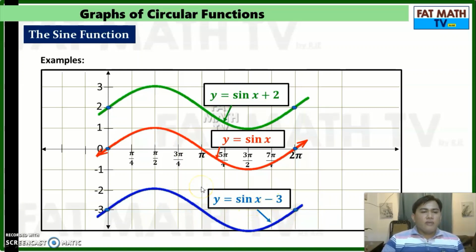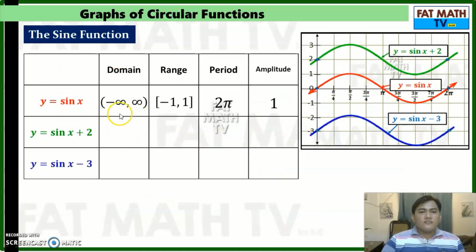So what are the domain, range, amplitude and period of these functions? For sine x plus 2, still the same domain. This time, the range will be different because you shifted 2 units upward. Instead of negative 1, your lowest now will be positive 1. And instead of 1, your highest now will be positive 3.